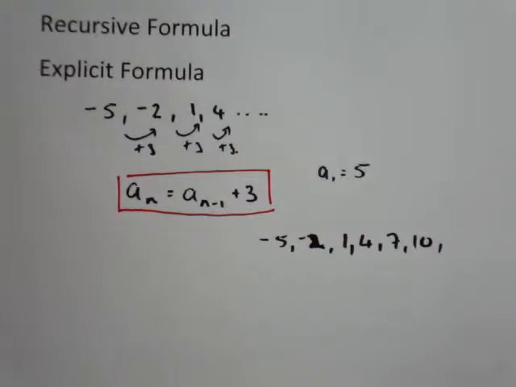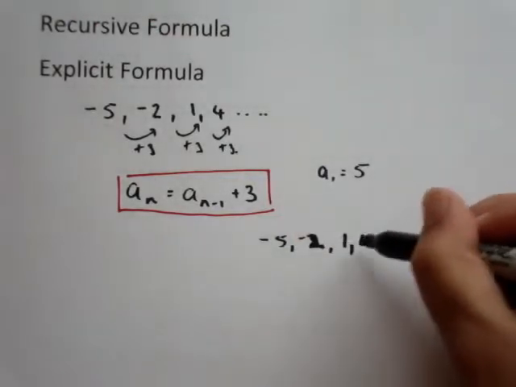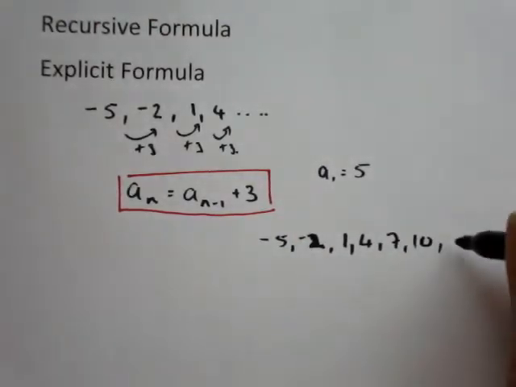So if we were after, say, the 7th term, that'd be 1, 2, 3, 4, 5, 6, so the 7th term would be 13.